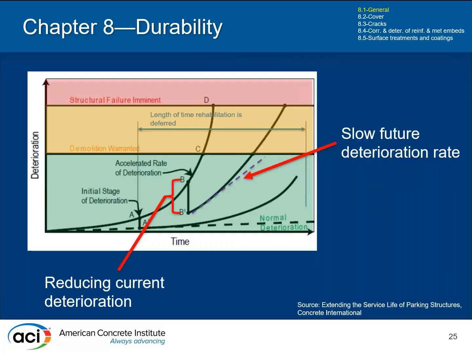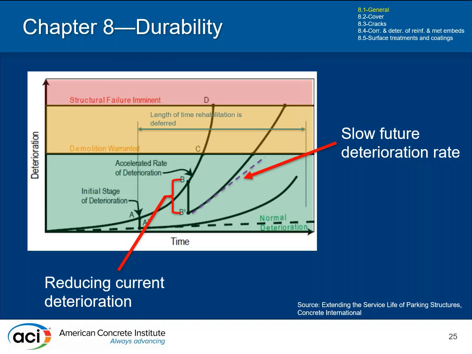When I start talking about durability and service life, one of my favorite visuals is this graph here, where you start at time 0 with no deterioration, but eventually with time it gets worse and worse, until for the repair aspect you're looking at site B, where there's enough deterioration.